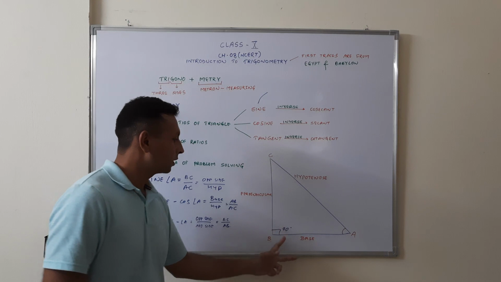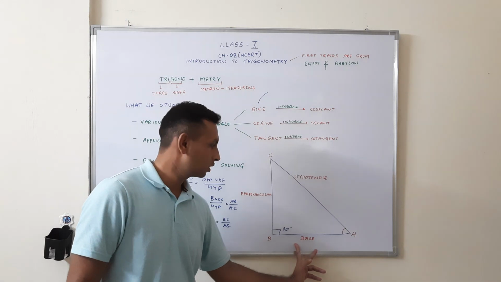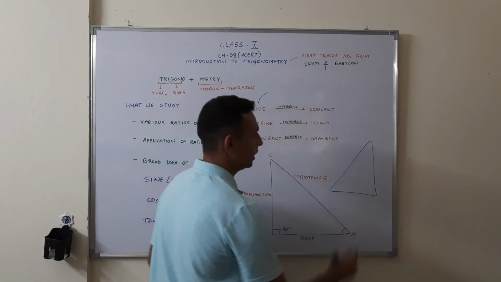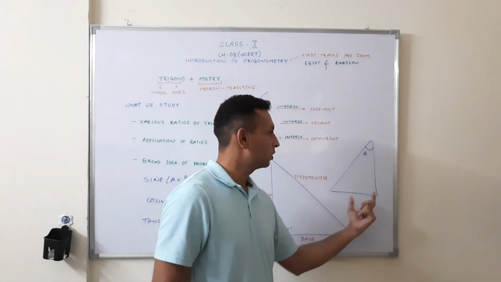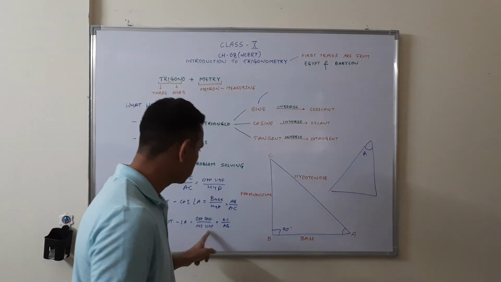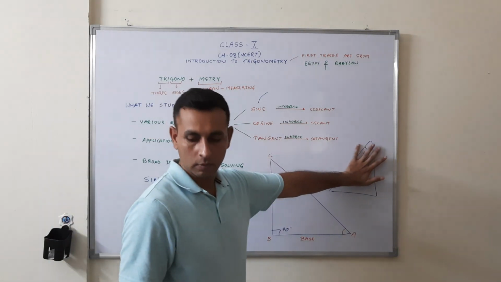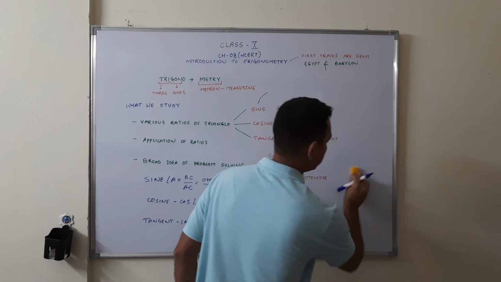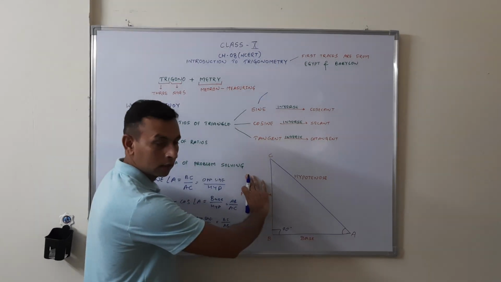Okay. Just writing the base sometimes causes confusion. How? When I take the triangle like this, if I take the angle A here, then your base is this, your adjacent side is this, and hypotenuse is this. In this case, if you take the base, it might cause a problem. To avoid this mistake, we take opposite side upon adjacent side.